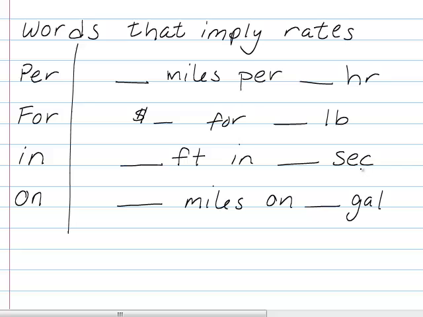Feet in a particular amount of seconds is one way of implying you have a rate. And on is another one, miles on gallons. So I drove 160 miles on 13 gallons of gas. Those are all different ways of saying something that implies we have a rate. Anytime you have speed, miles per hour, feet per second, or same with metric, kilometers per hour, or meters per second, then you're talking about a rate.